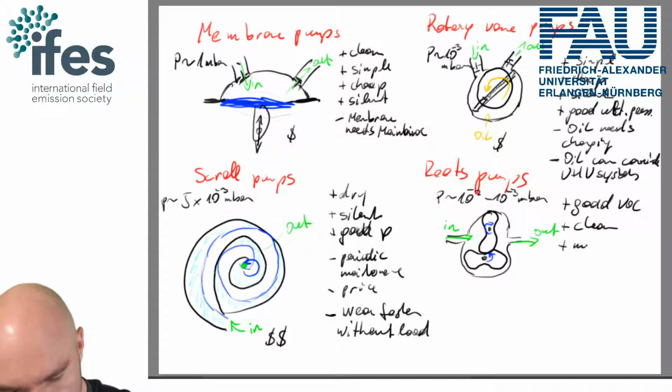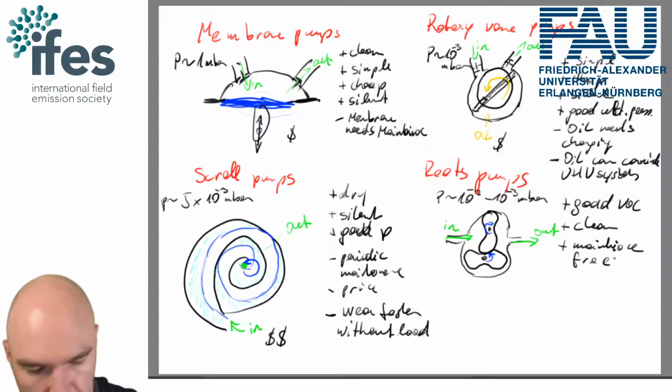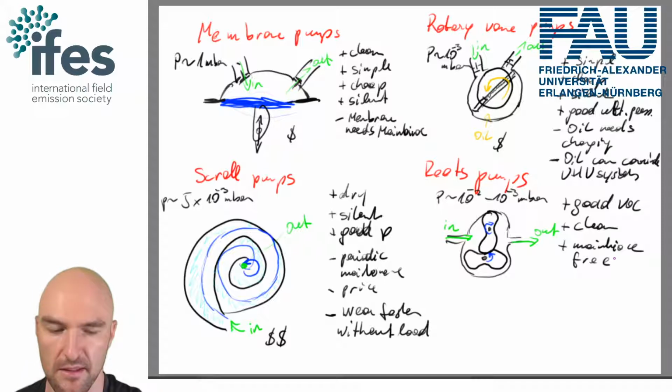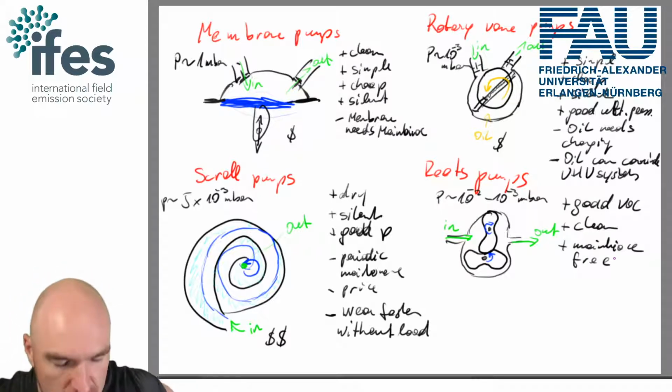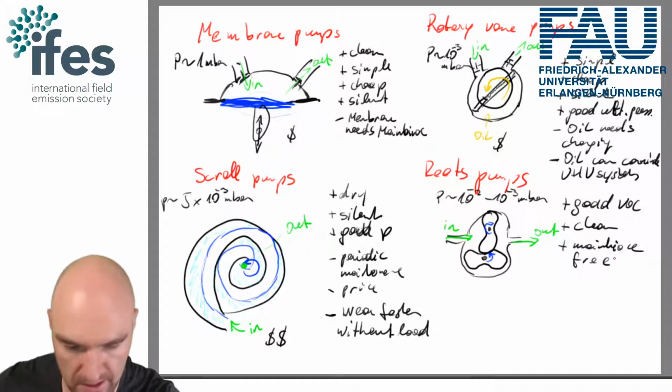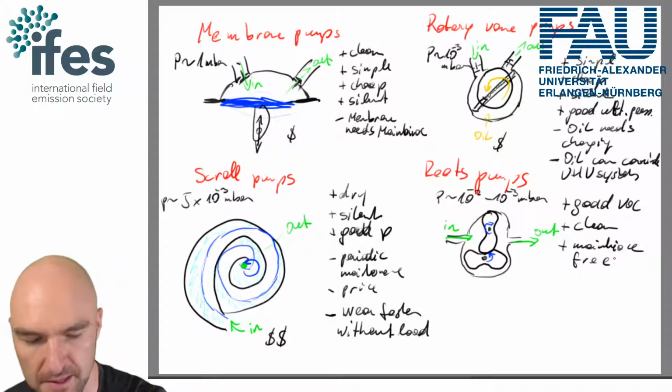They are maintenance free. And this is really what they've got going for them. So they're super clean, they have good vacuum, and they're more or less maintenance free. So you buy them, you put them in, and you don't have to worry about anything.